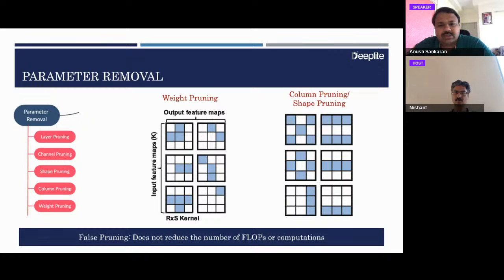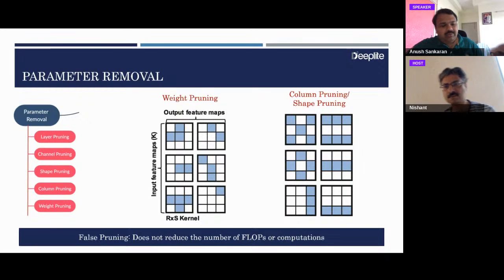In research papers, people report that 80% of my weights are zeros. It is good that 80% of your weights are zeros. However, my model still has all the 100 parameters, so my model size is not reduced.